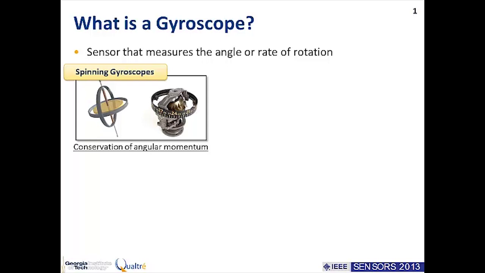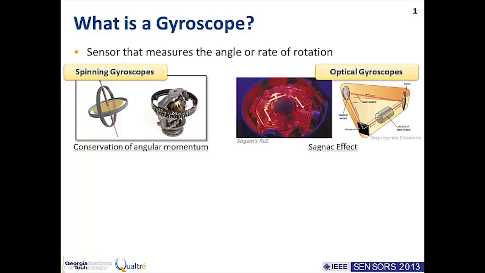Another way in which you can detect rate of rotation is by using the so-called Sagnac effect, which optical gyroscopes are generally based on. The way that it works is you have a laser source in which you have two laser beams that are going in different directions.